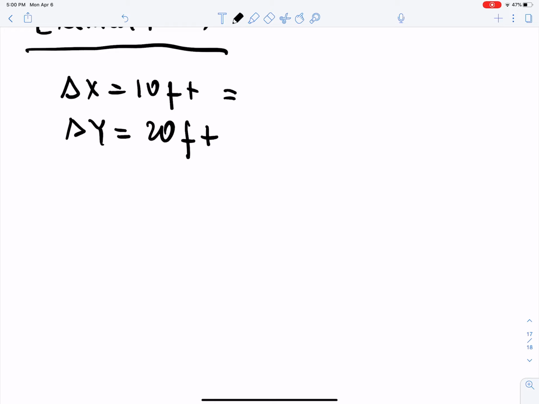And we can directly convert to inches, because we're going to solve our problem in inches. 240.